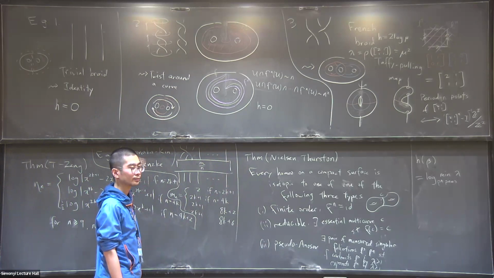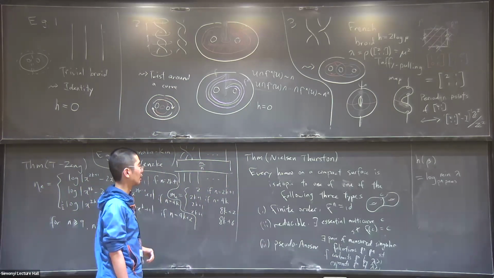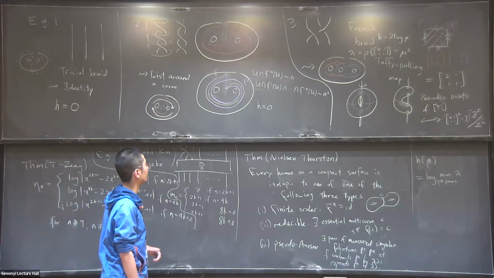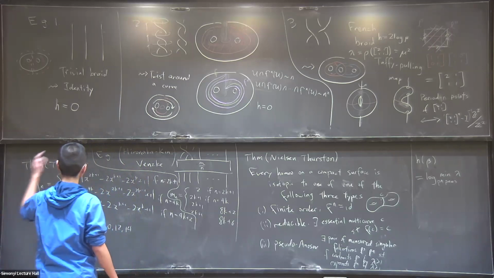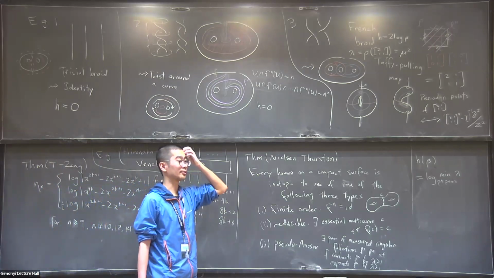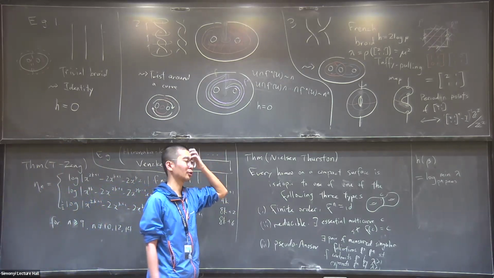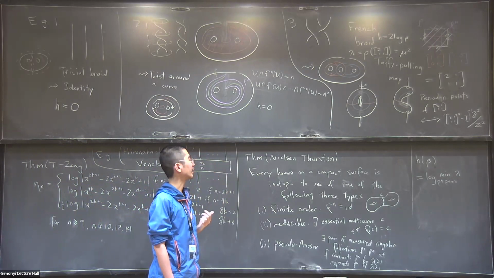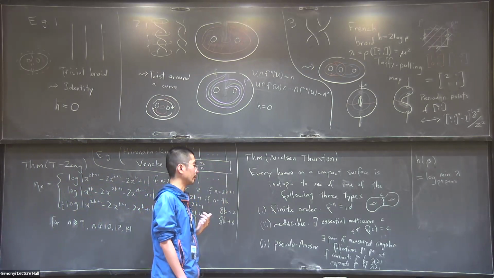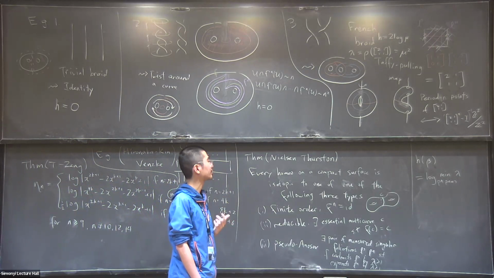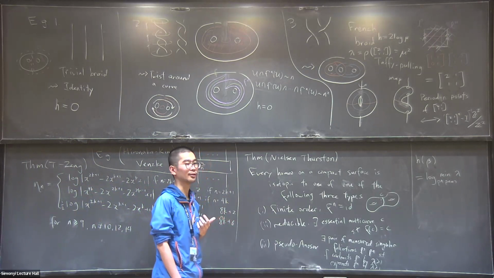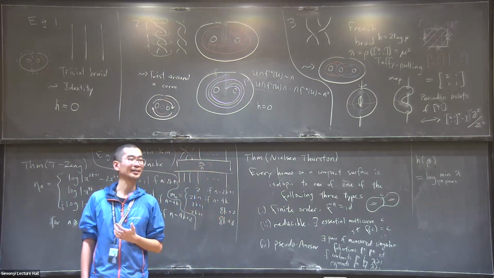And is there anything known about other surfaces? I mean, the entropy. Very little. You could ask the same question, but now allowing your surface to not just be punctured, but maybe a closed surface. Then this is known for the genus 1 surface, the torus. This is known for the genus 2 surface, and that's it.